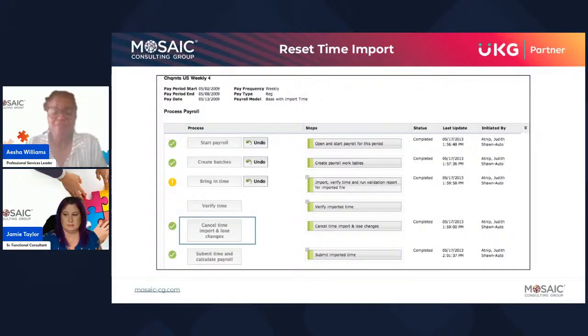Some people, I have found some customers that I've trained, just prefer to undo it altogether. So that's why we showed this example all in one slide. I tell people to pick their poison and help them to understand what the difference is. And once we get you into that conversion space, we'll explain to you in a little bit more detail what happens if you cancel versus if you undo. But you can do either once you've brought in that time and you said, hey, something's not right. I brought in the wrong pay group. I didn't bring in all the people or whatever.